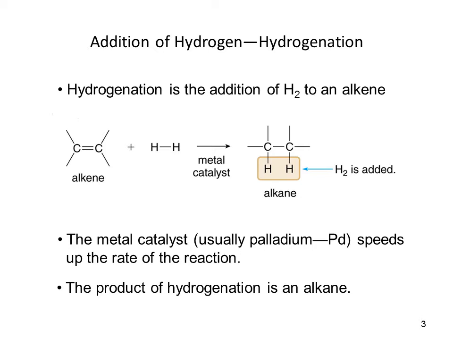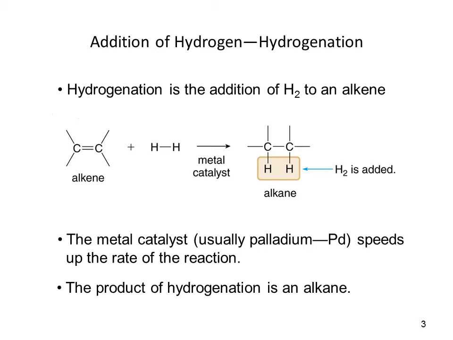And when you see hydrogen as one component, a double bond, and then the metal catalyst over the arrow, then you know what happens is the hydrogen will break apart and add across that double bond, as you see in this example. We call this process hydrogenation, and you probably recall hearing partially hydrogenated fats and things like that.